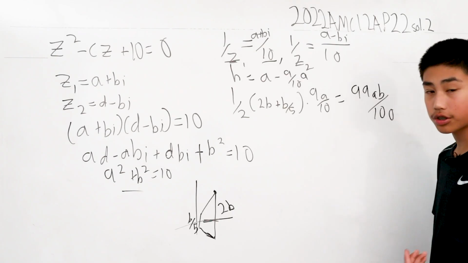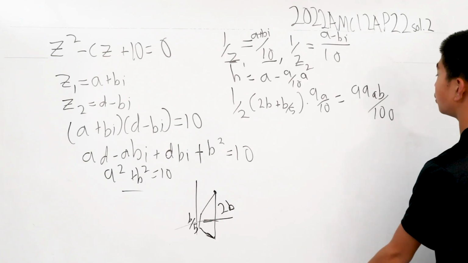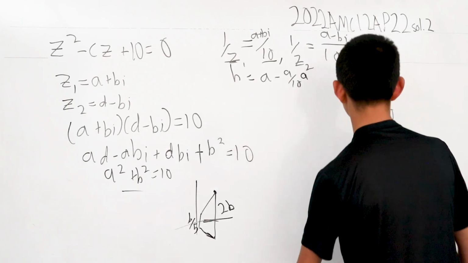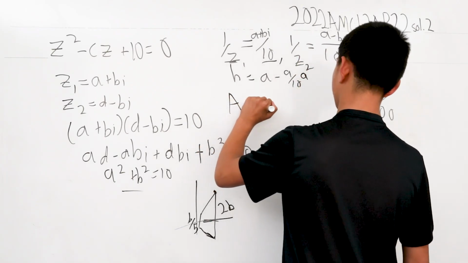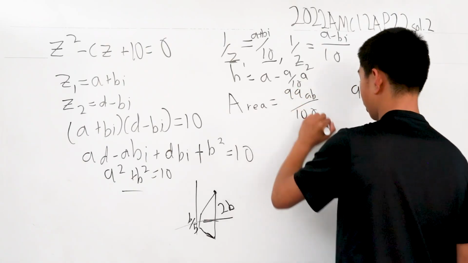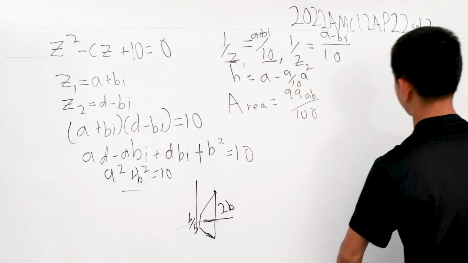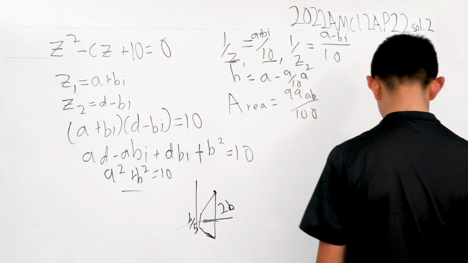Since it's asking us to maximize this value, the only thing we can maximize is this ab here.